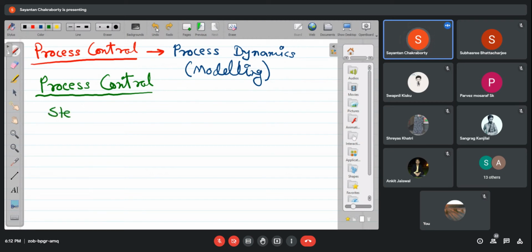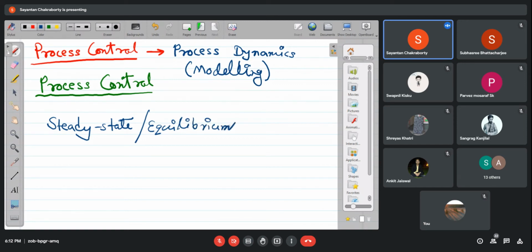Since it's under process modeling, we can study the process behavior at steady state, or what we call equilibrium condition, or you can study the process behavior during the transient condition.